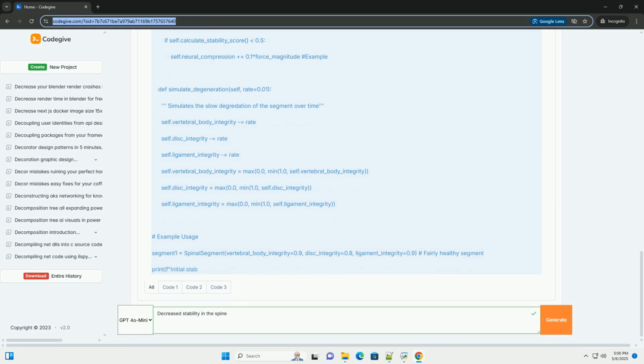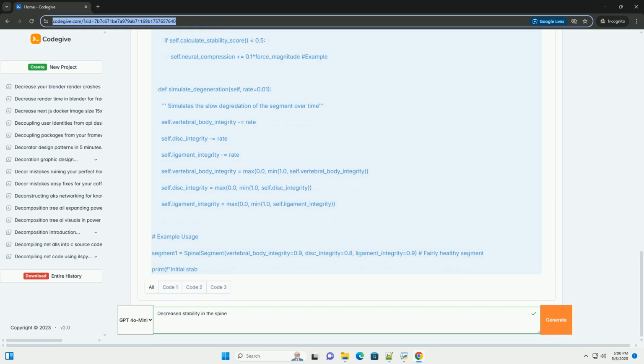Decreased spinal stability, often called spinal instability, represents a state where the spine is no longer able to perform the functions listed above. It's a situation where the spine has a compromised ability to resist forces and moments, leading to excessive movement, abnormal motion between vertebrae, often exceeding physiological limits.